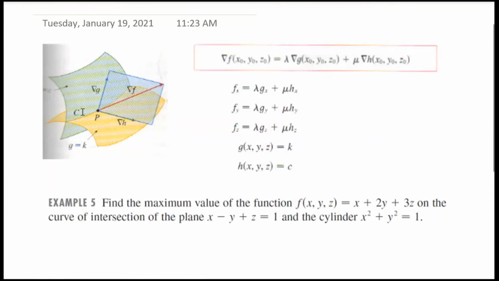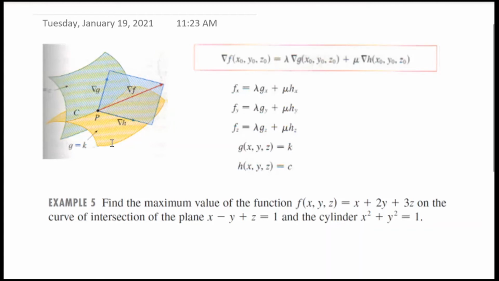It's some kind of level surface in the case of 3D. And so this was our boundary, and then gradients line up at a maximum or minimum. See, Lagrange multiplier is always about the boundary problem, not the interior. Interior, you just take a partial derivative and set it equal to 0, as always.